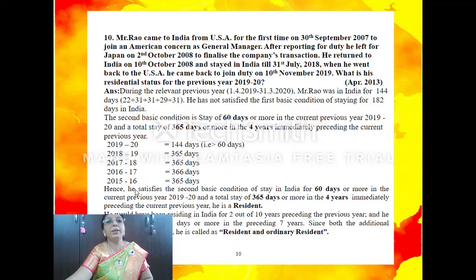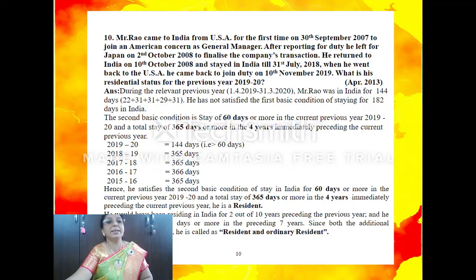He came in 2008 and stayed till 2018, he is here only in India. So while counting the number of days of stay in India, he is there for 365, 365, 366 and so on. So his stay in India is more than 365 days in the 4 years prior to the previous year. So he becomes a resident by fulfilling the second basic condition.